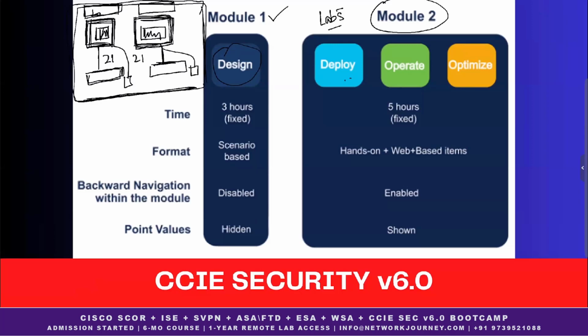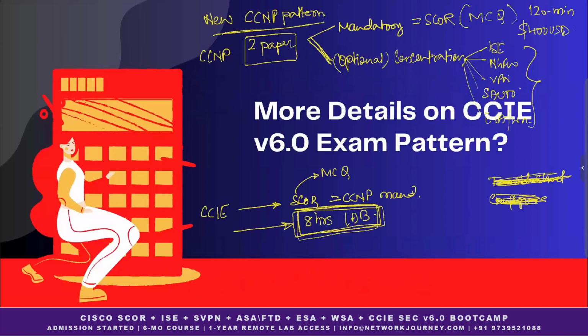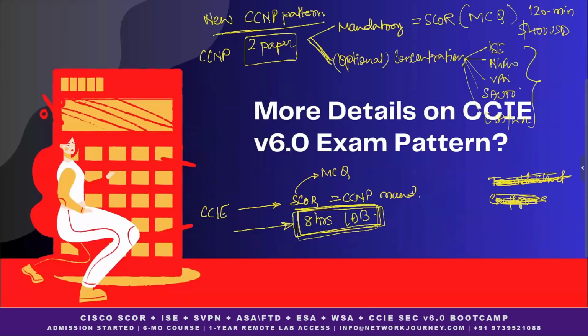All right, and also these days, all these are virtualized. In the case of CCIE Security, all the tasks that you do are done in a virtualized environment. There is no need of any hardware.